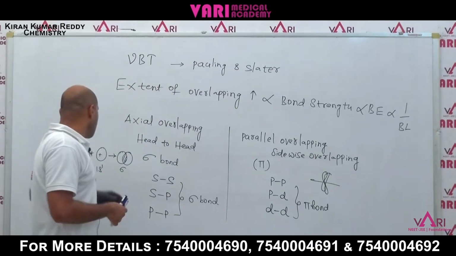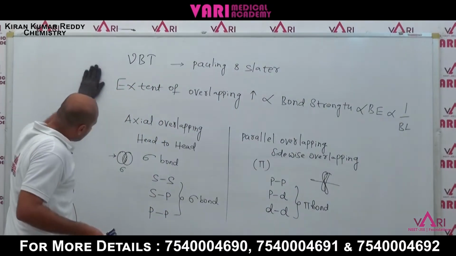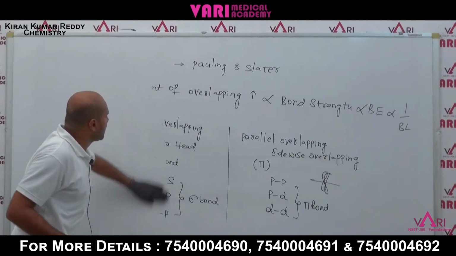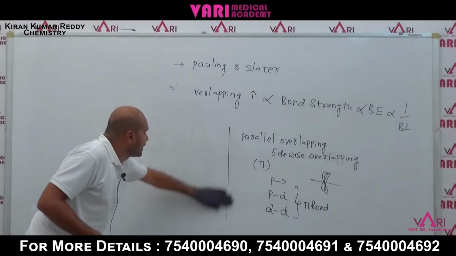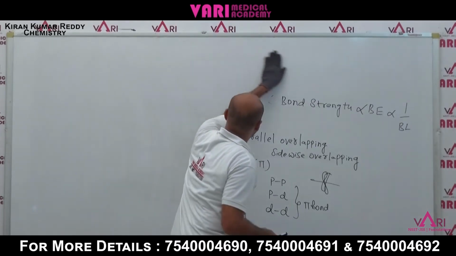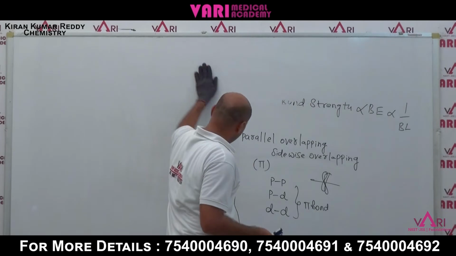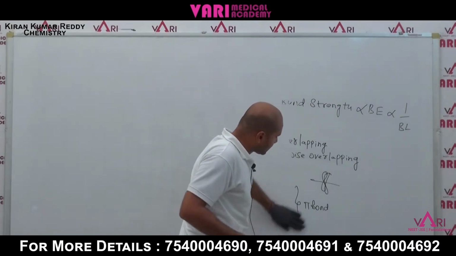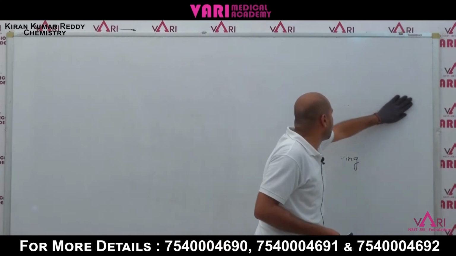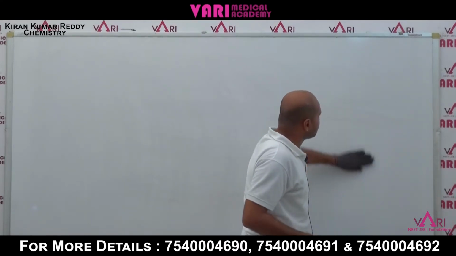Next, we have to write sigma bond overlapping. What is the overlapping of sigma and pi bond? Overlapping atomic orbitals must have the same sign. Same sign of orbitals, for example plus with plus, means bonding, and plus with minus means anti-bonding.